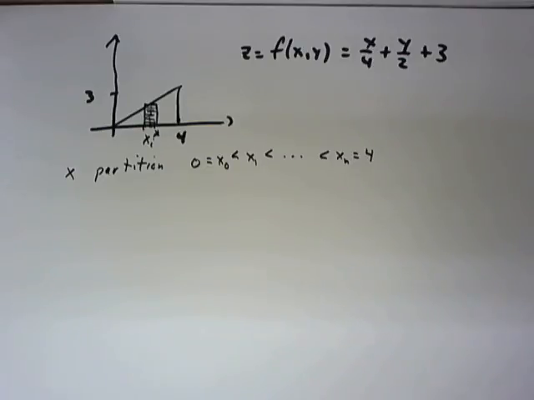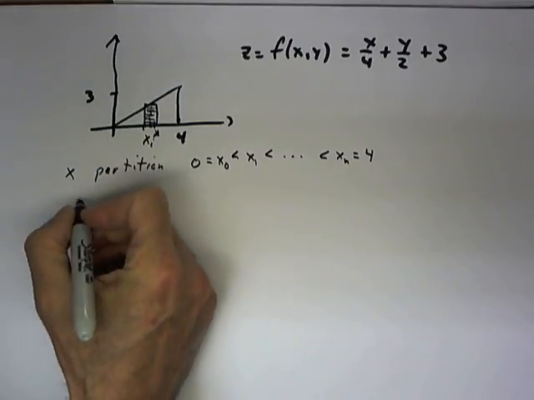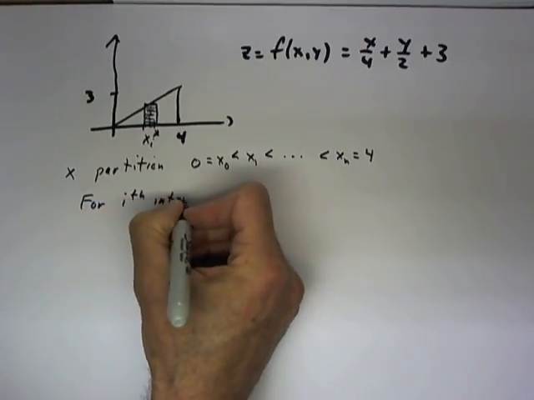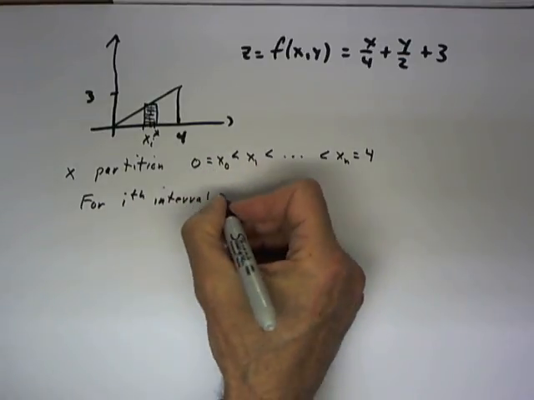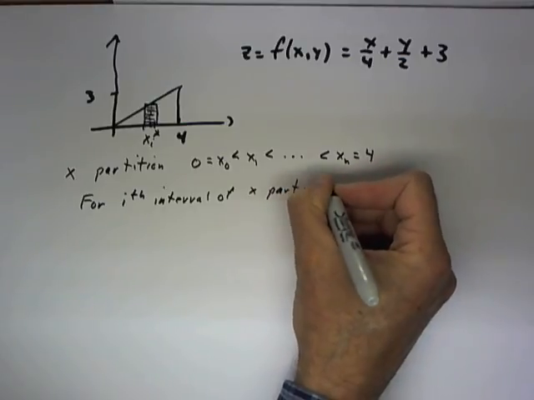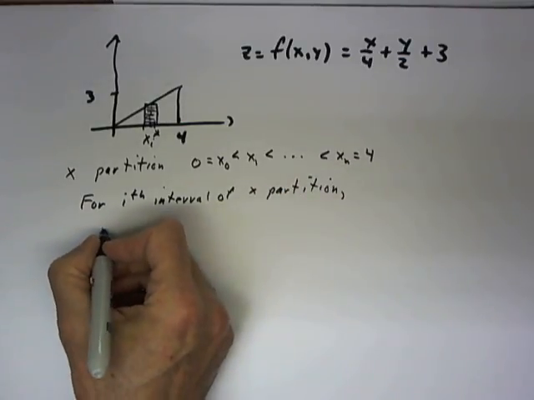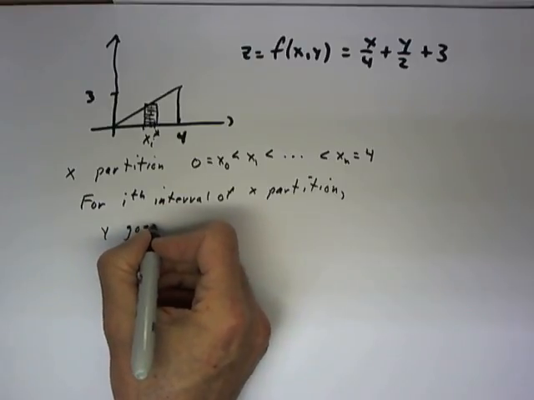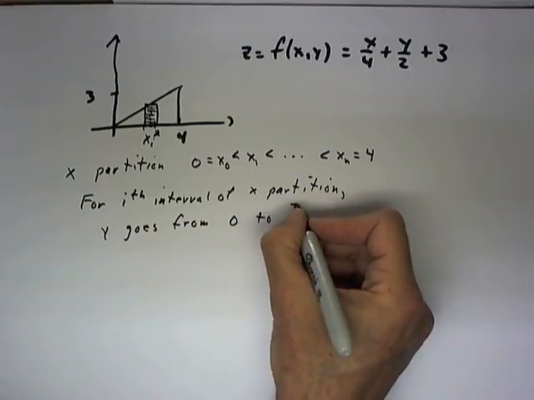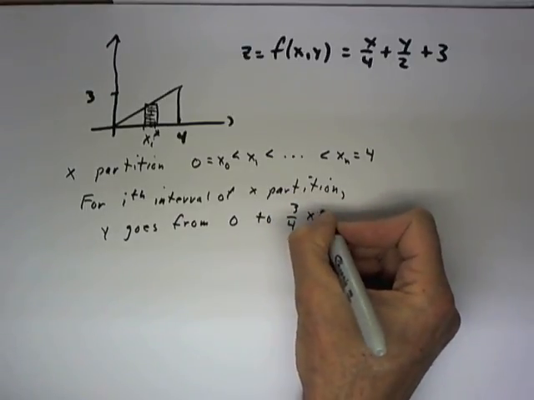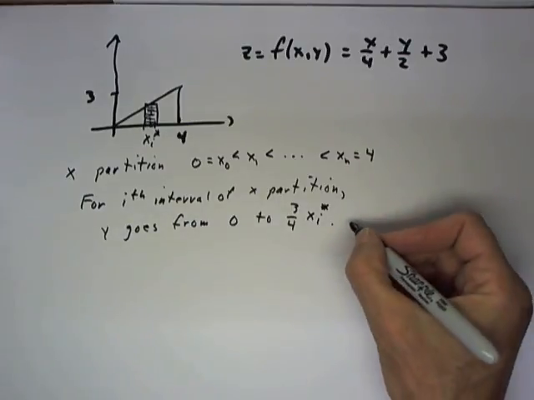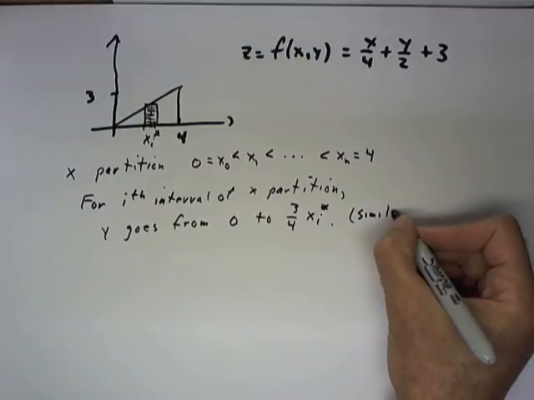So we can say for the ith interval of the x partition, y goes from 0 to 3/4 of xi star. And we can just argue that from similar triangles.